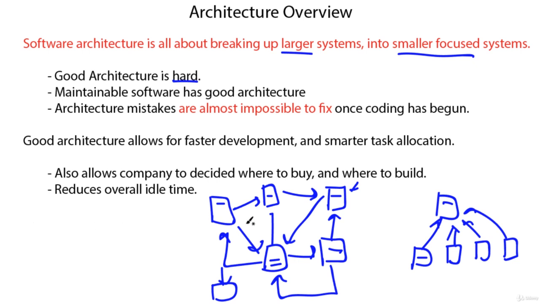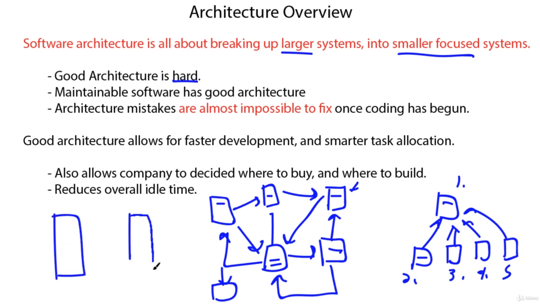If we can break up our architecture into something like this, then we can say we're going to have engineer 1 work on a task in here, and engineer 2, and engineer 3, 4, and 5, and we can get 5 different tasks developing at once. Where if we just have one giant file, or maybe even just 2 giant files that sort of communicate back and forth with each other, how are we going to get 5 engineers working on different tasks?